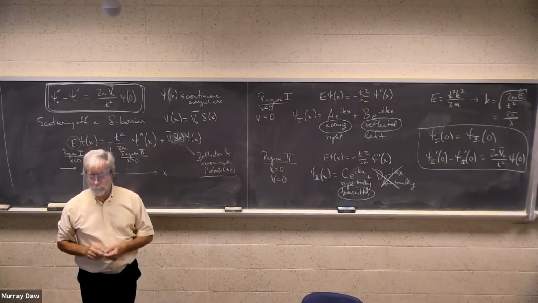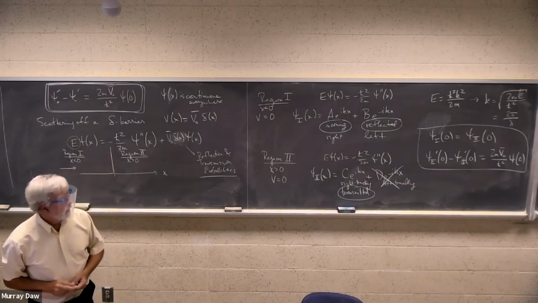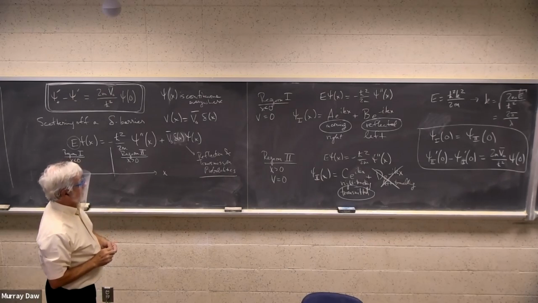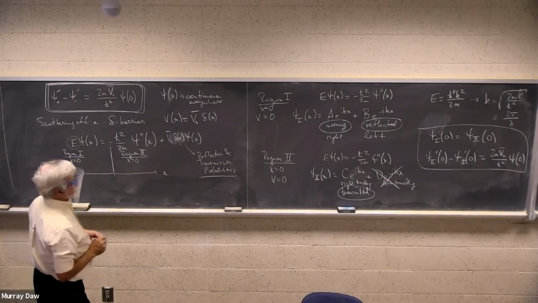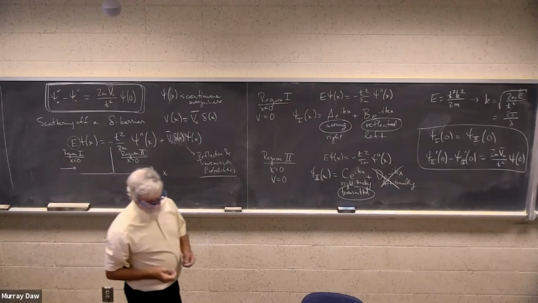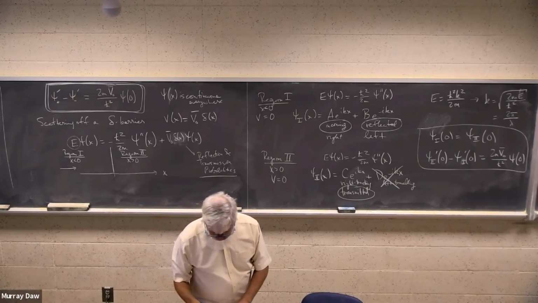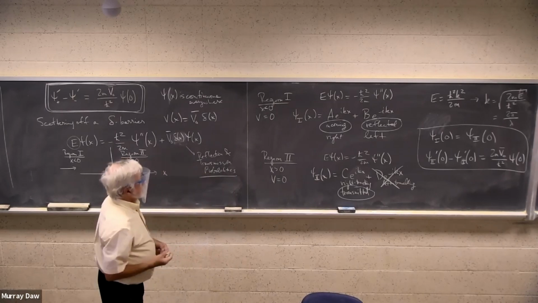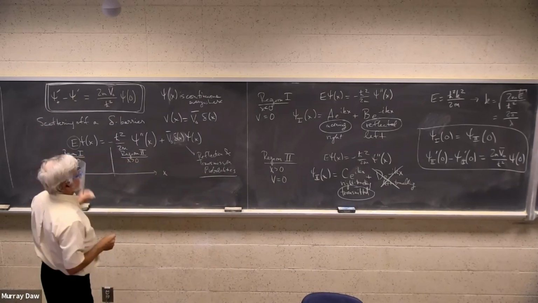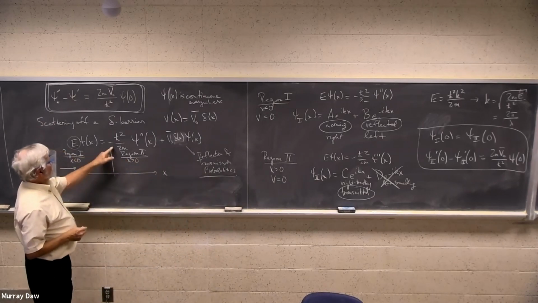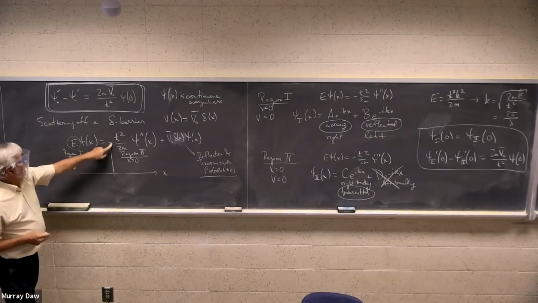Yes, ma'am. Why is it not a negative sign for the discontinuity of the slope? Go back to the original one. Did I mess up? Let me see. No, I did it right. So that originally comes from integrating the Schrodinger equation. And then there was a negative sign here.